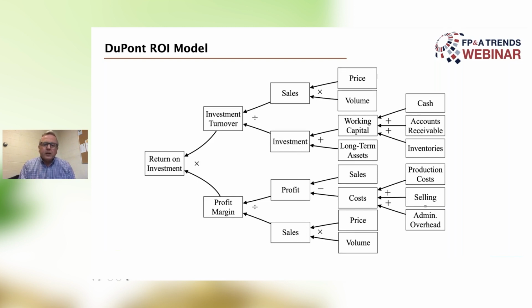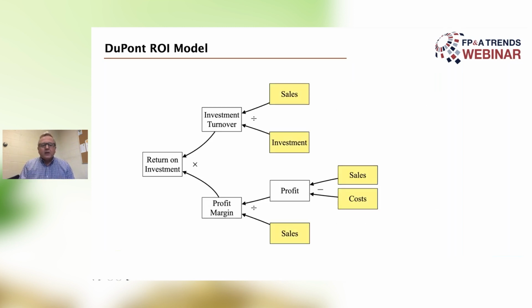This model, if we look at its core components on the next slide, you'll see that the drivers of return on investment are three factors: sales, investment, and costs, with sales being spread throughout this model.